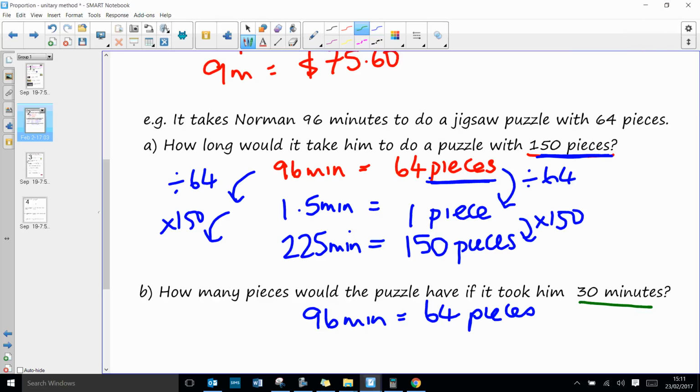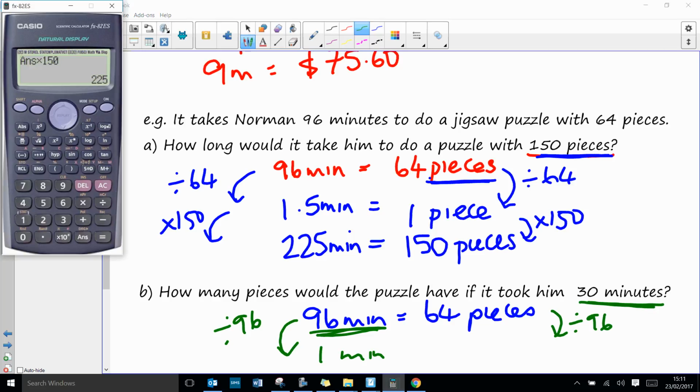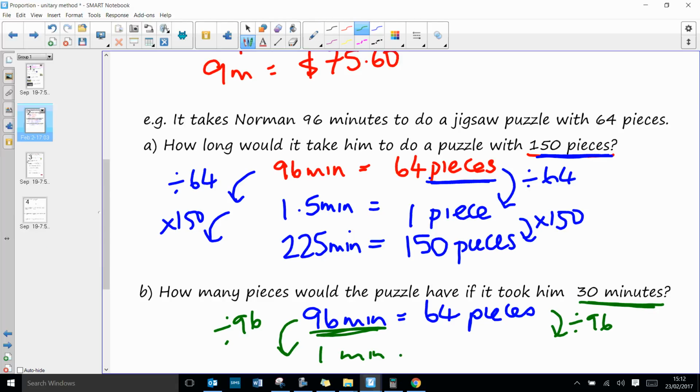So this time we need to take our minutes side down to being 1 minute. To do that, we divide it by 96. So we do the same thing on this side: 64 divided by 96 gives us 2/3. And it's fine to leave it as a fraction.